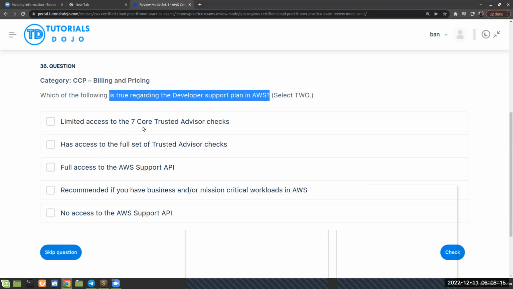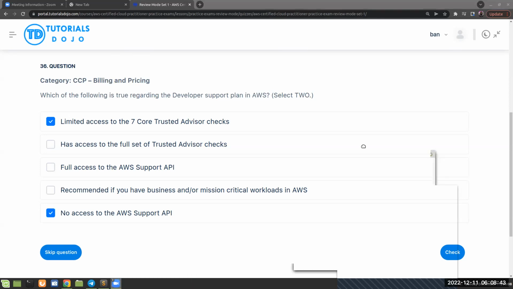Is it limited access to the 7 core Trusted Advisor checks, access to the full set of Trusted Advisor checks, full support of the AWS API, recommended if you have business or mission critical workloads, or no access to the AWS support API? Which of the two? A and E. Limited access to the 7 core Trusted Advisor checks and no access to the AWS support API.